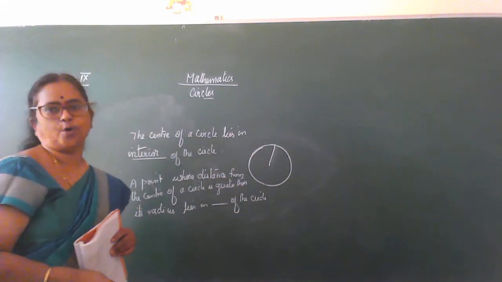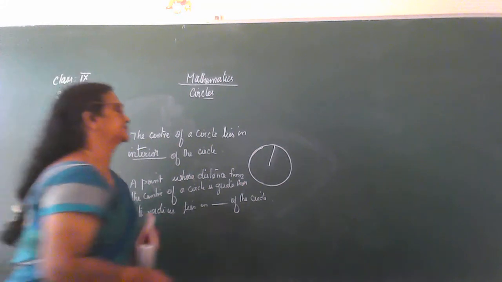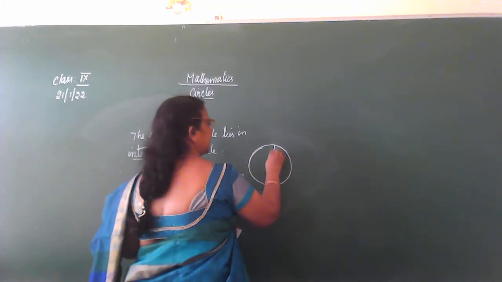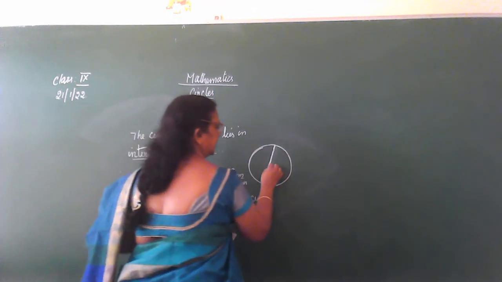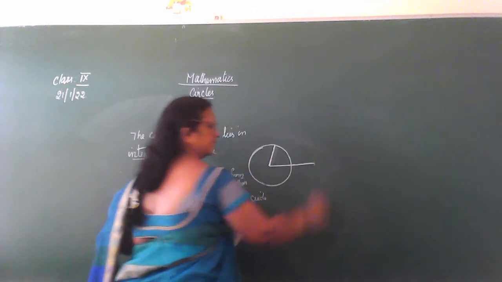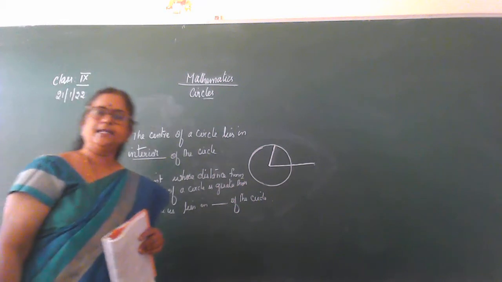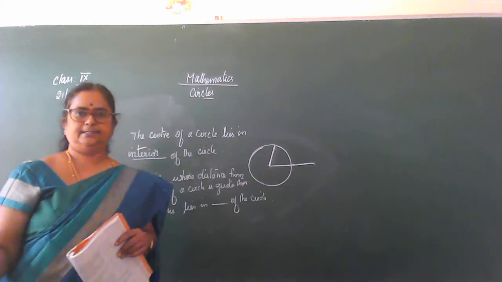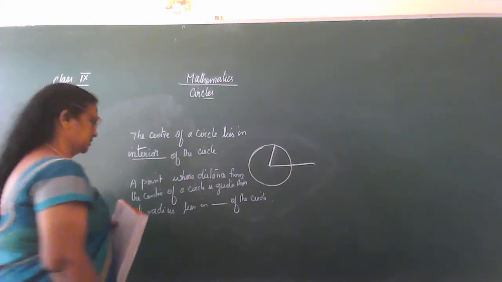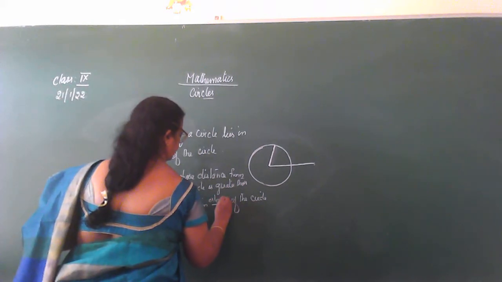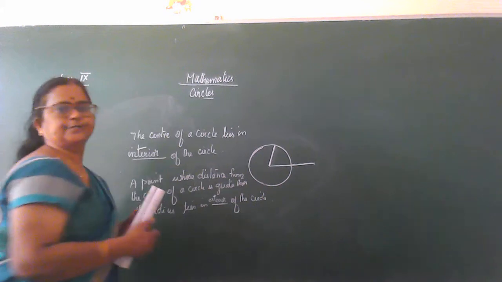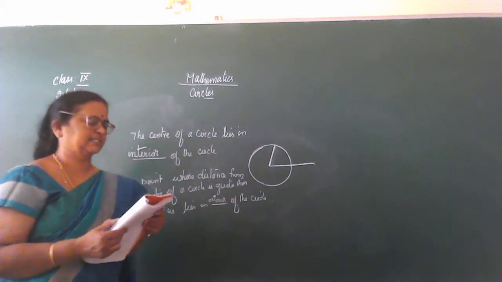The distance from the center to any point on the circle is the radius. So, greater than its radius means, see, this is the radius. Greater than its radius means it will lie outside, in the exterior of the circle. So that is the exterior of the circle.